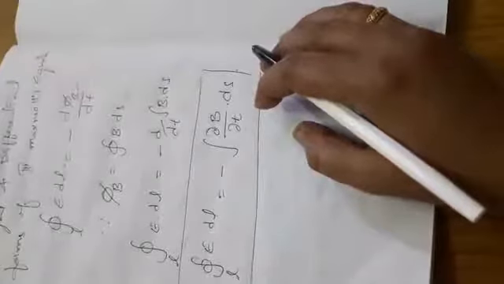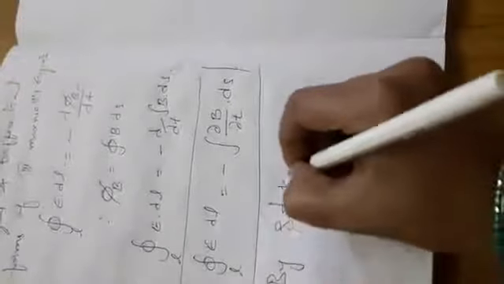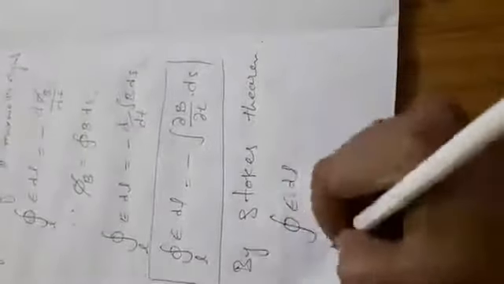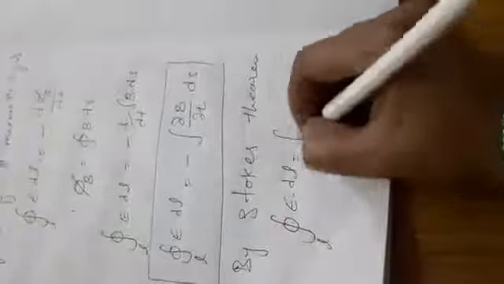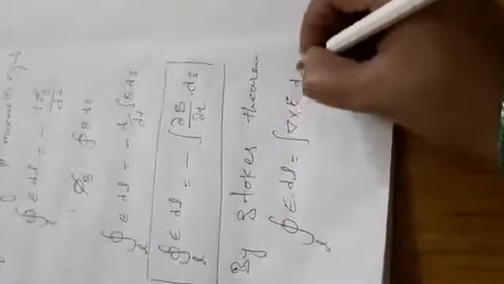Now I am going to derive the differential form. For the differential form I am going to use the Stokes theorem. So by Stokes theorem, we have line integral E dot dl is equal to del cross E dot dS.